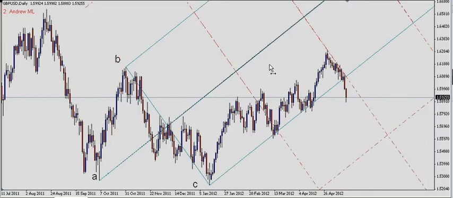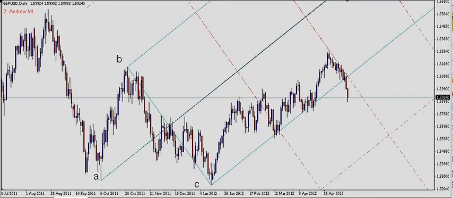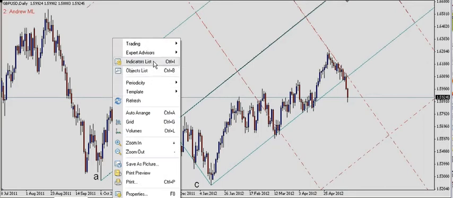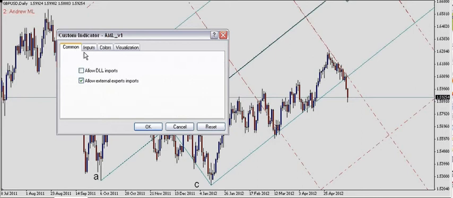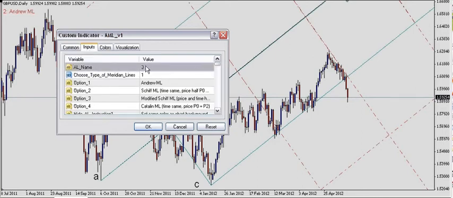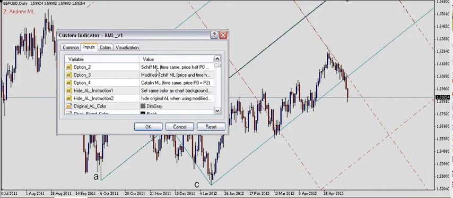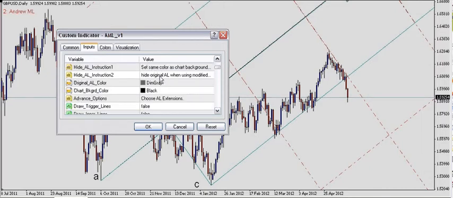In this particular case, we're using MetaTrader 4, MT4, which enables us to have a custom indicator, and the custom indicator naturally draws these lines for you. I'm going to show you our indicators list that's free, and there it is. You name the fork, you choose your type of median line, whether you want shift modified or any other.